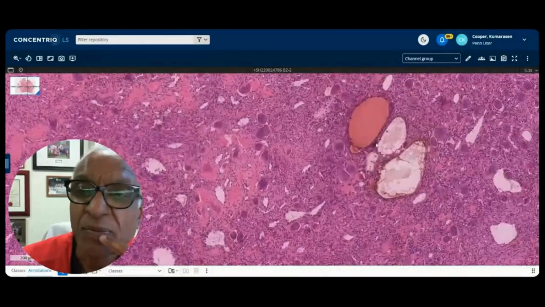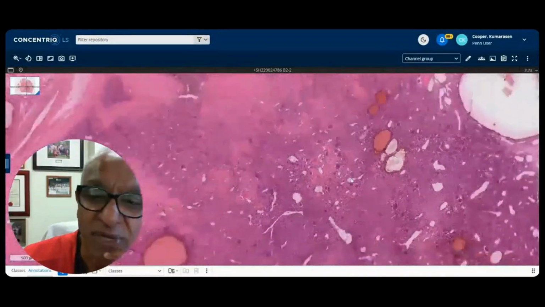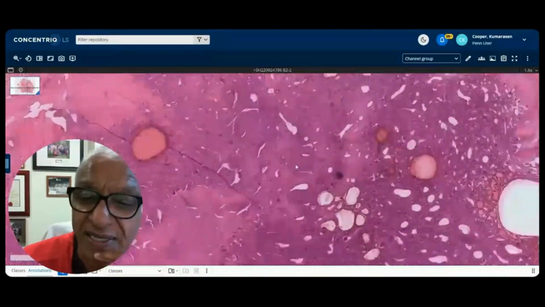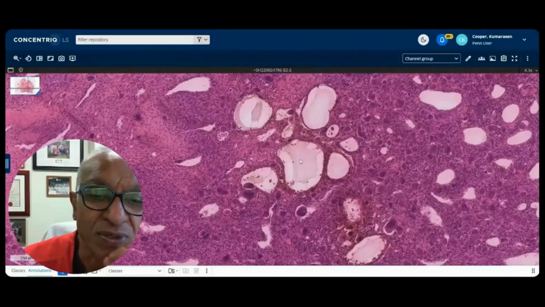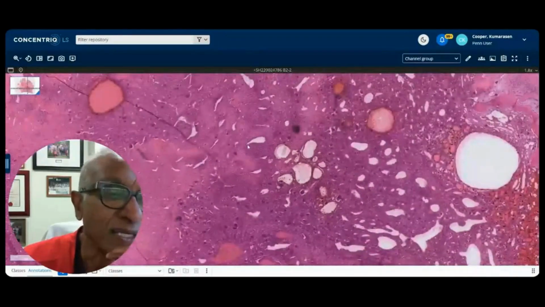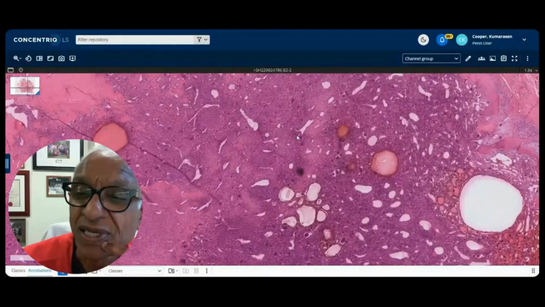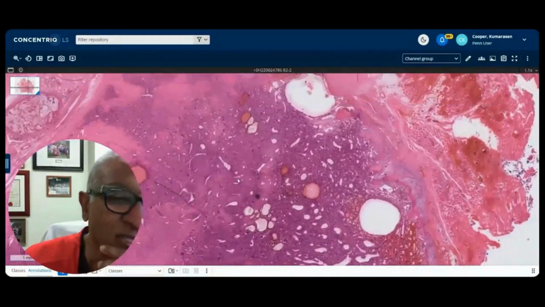These spaces are the embolic material. Let me show you more of that. That was injected by the radiologist to prevent any bleeding and reduce the vascularity during surgery.